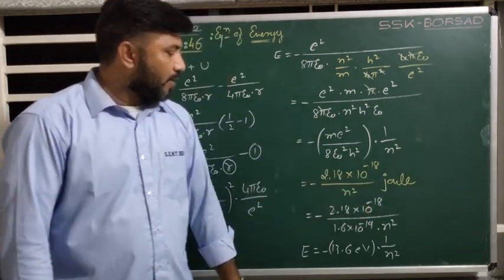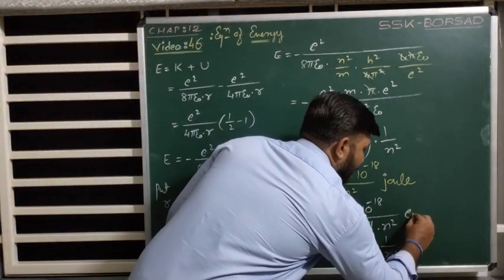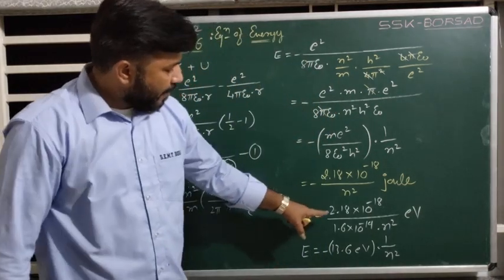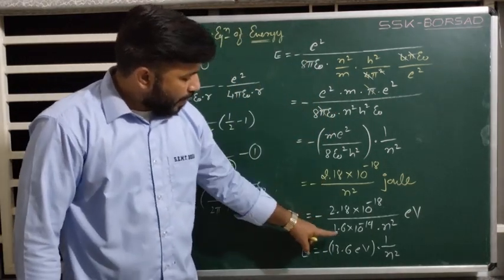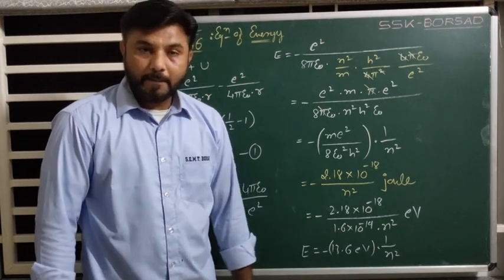Put the values and you will get the answer in joule. But if you want to convert joule into electron volt, you have to divide the value by 1.6 multiplied by 10 raised to minus 19.